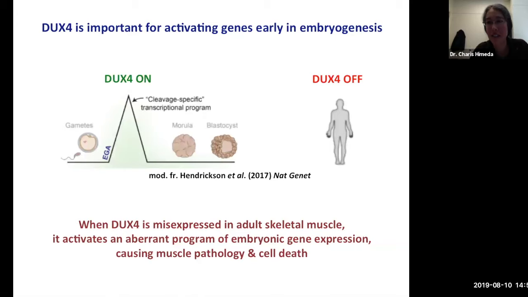But cancer cells have found a way to turn DUX4 on and use it to their advantage. Some of these tumors express DUX4, and DUX4 turns on these immune genes, allowing the cancer cells to hide from immune surveillance. So that's another pathological effect of DUX4 being on at the wrong time in the wrong place.